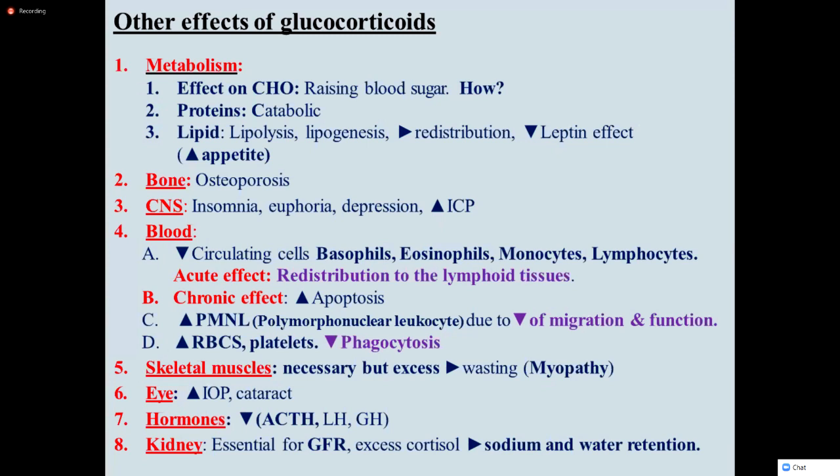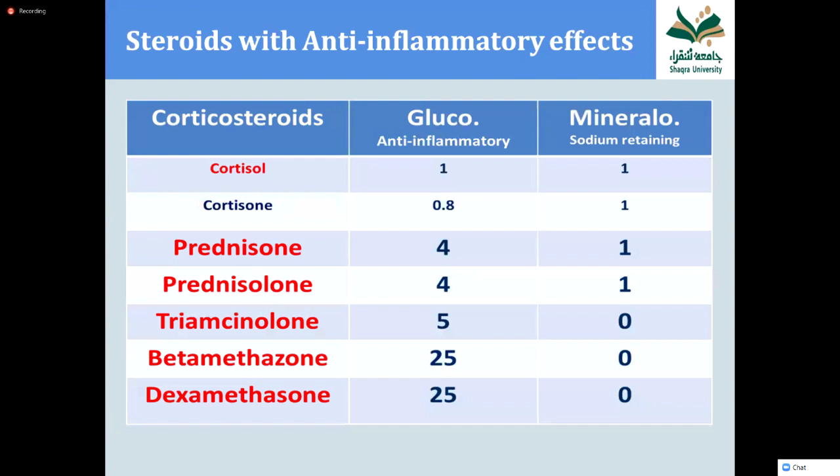This is the basic reason for their cardiovascular effect. Now, some of the glucocorticoids also have some mineralocorticoid effect, that is sodium retention and water retention effect. If you see cortisol, which is the natural hormone, it has equal anti-inflammatory effect and sodium retention effect.